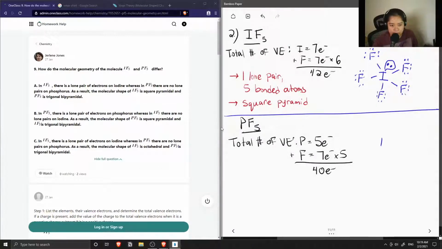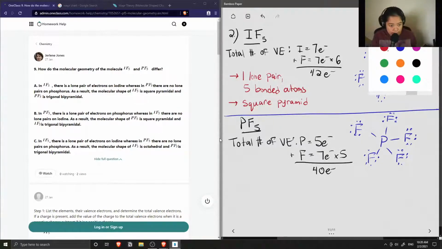And now let's draw phosphorus as our central atom and the 5 bonds to the fluorines. And we'll also draw in all of the lone pairs. And if we count out how many electrons we have in this structure, you can see that we already have our 40 electrons in the structure.